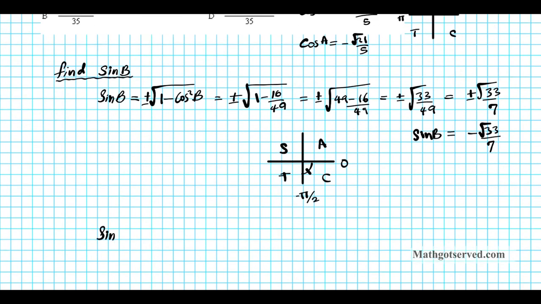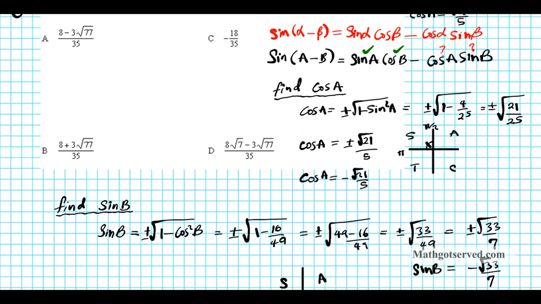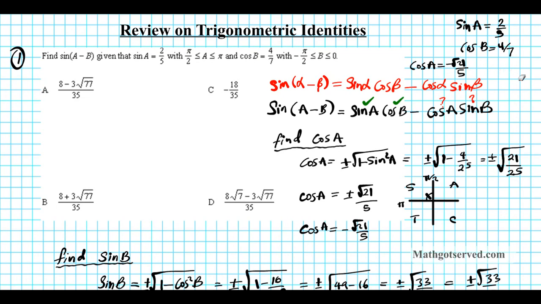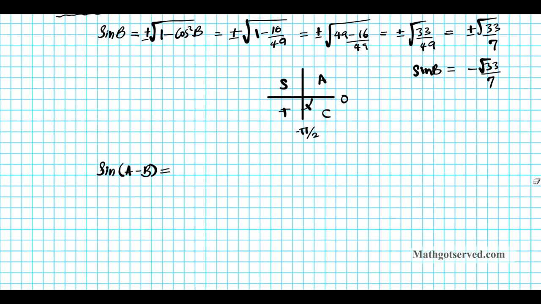So sine of A minus B is equal to sine A cosine B minus cosine A sine B. Let me write it again so we don't forget.